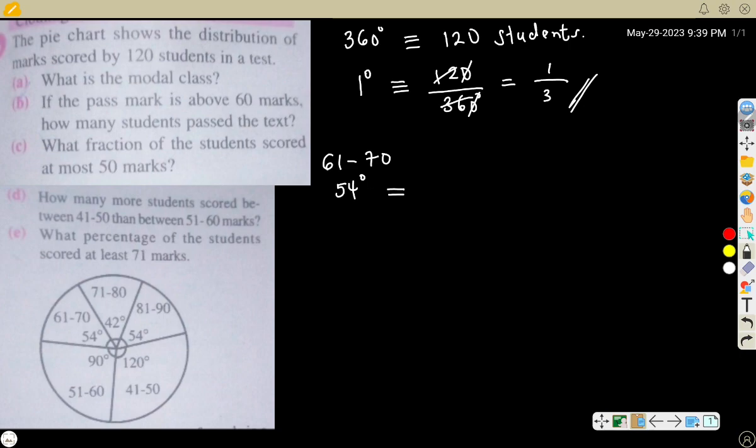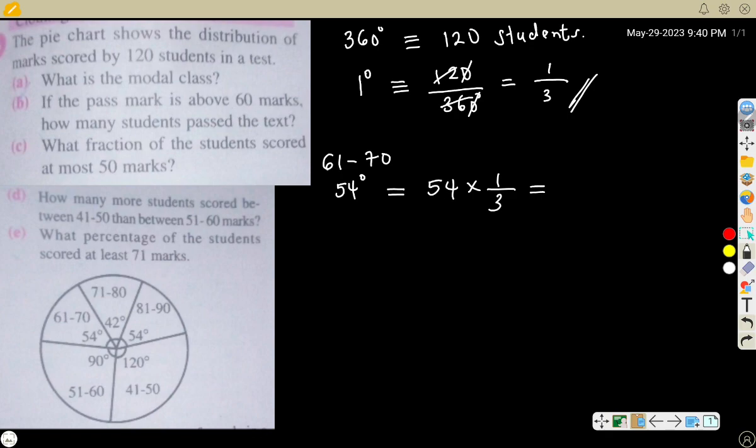Now 54 degrees is like saying 54 times 1 degree, so that is 54 times 1 over 3. That means each degree here, multiply it by 1 over 3, so you get the number of students for each. So this will be 54 divided by 3.